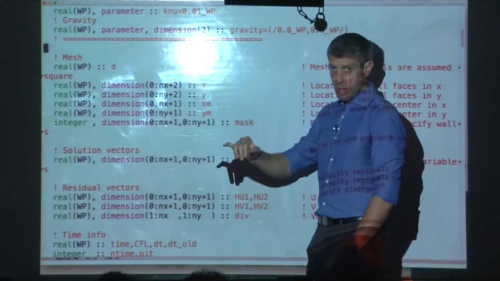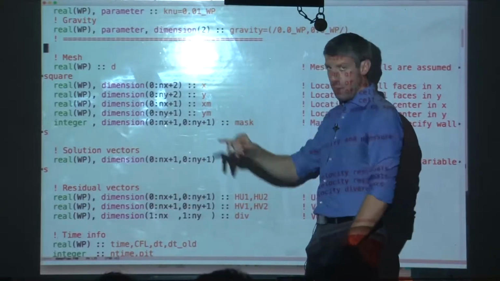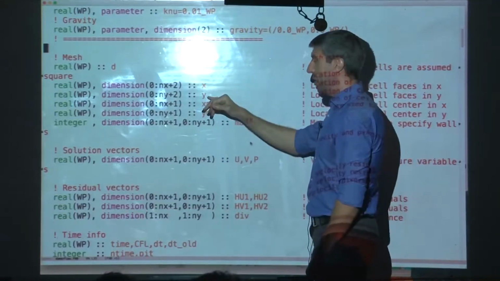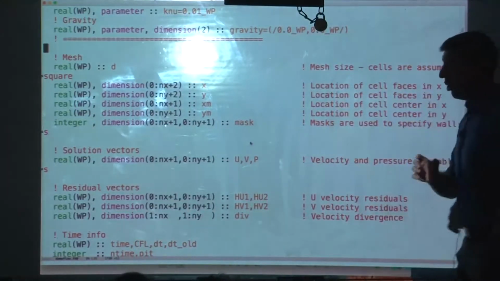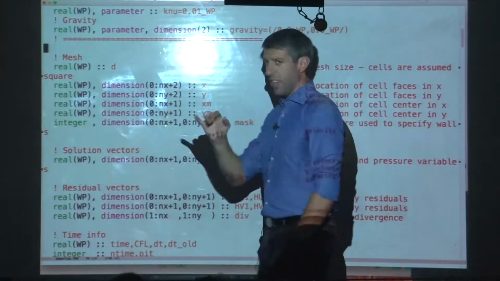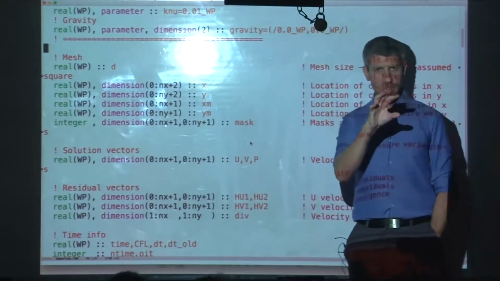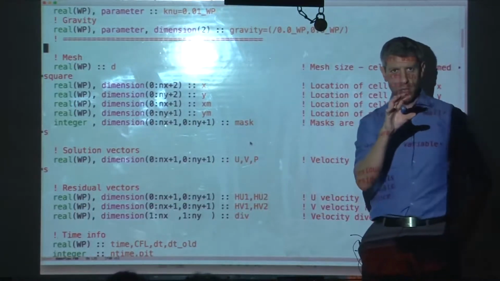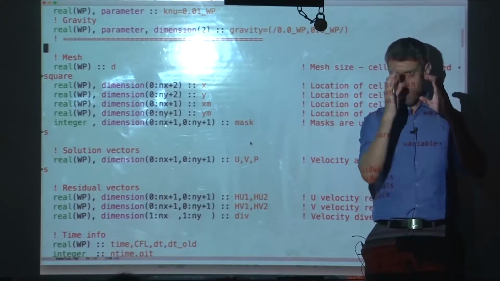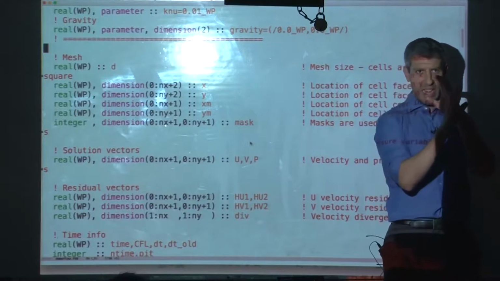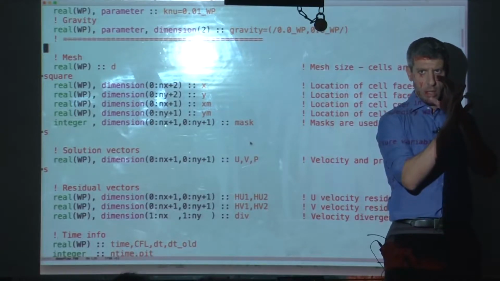X is my mesh in X. Y is my mesh in Y. X and Y are the locations of the cell faces. So a cell ij will start with a face at location x sub i and end at location x sub i plus 1.